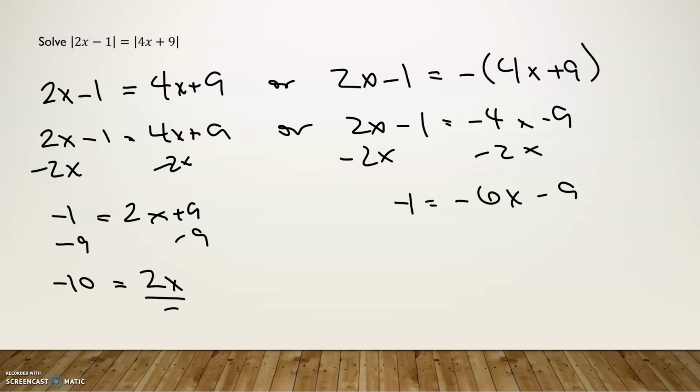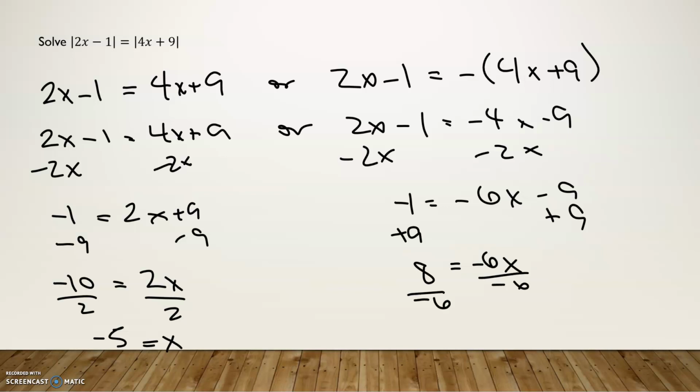I'll go ahead and solve this one. Divide by 2, x is equal to negative 5. Over here I'm going to add 9, so this would be 8. Divide by negative 6, so I get negative 8 over 6, which if I take a 2 out, would be negative 4 over 3 equals x.